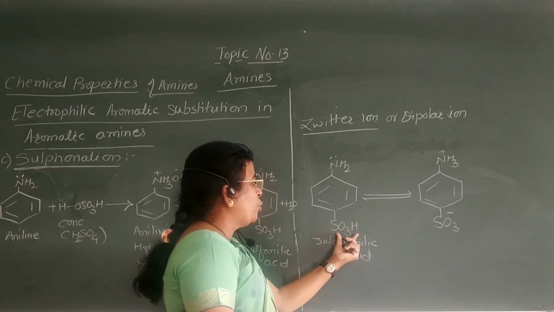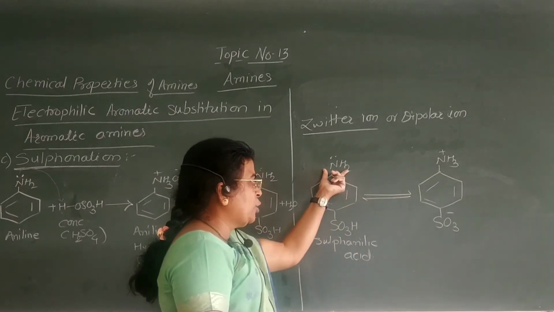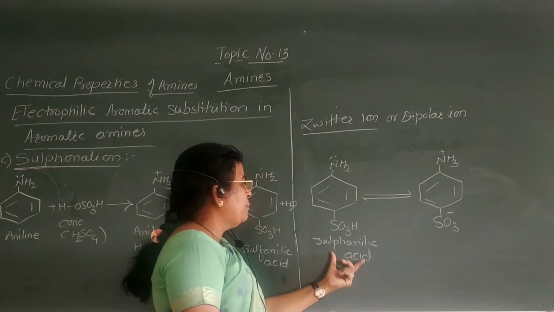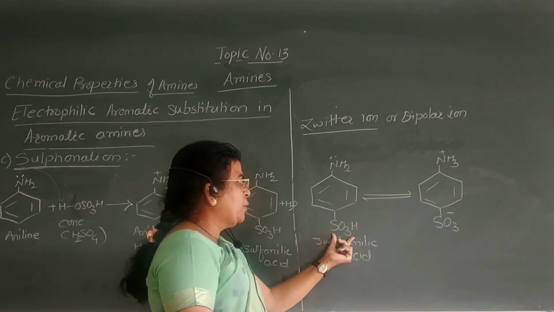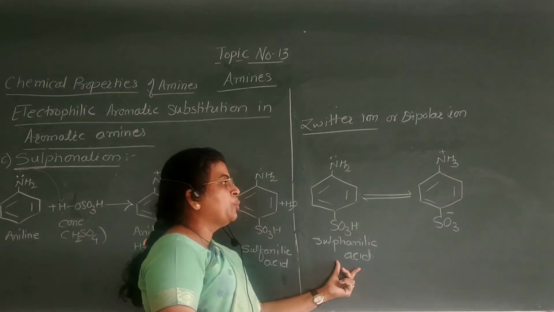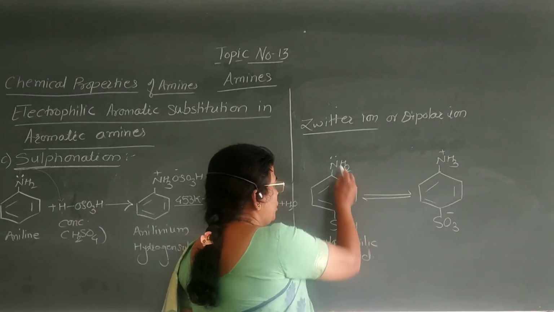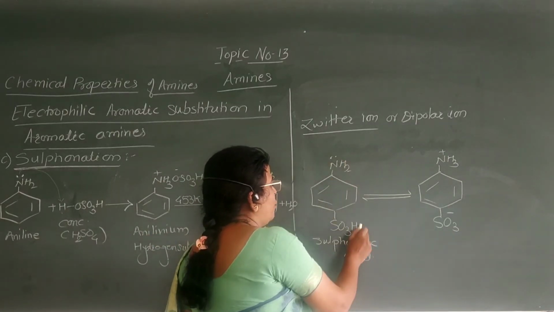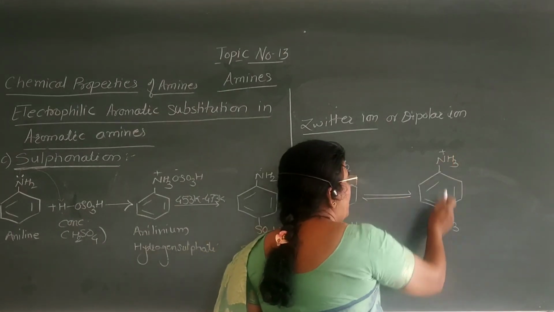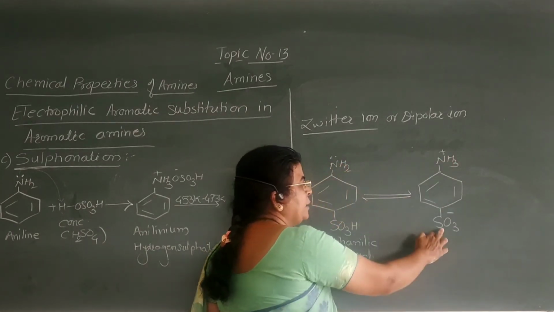This SO3H group is acidic and this NH2 group is basic, and therefore in sulfanilic acid both acidic and basic groups are present, and therefore it can exist in the form of a salt. That is, this lone pair of electrons gets protonated by this SO3H group to form NH3 plus and SO3 minus ion.